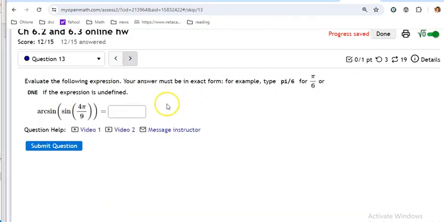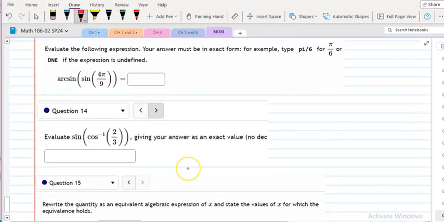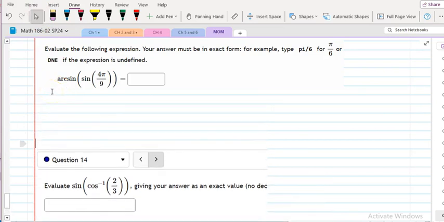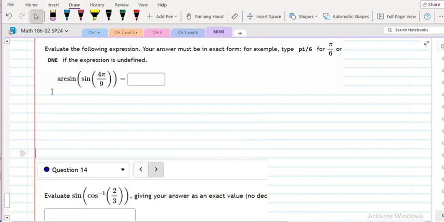Okay. Number 13, find the expression. So this is a composition of arcsine and sine. Normally we can cancel it if the angle is in the restricted domain of sine.